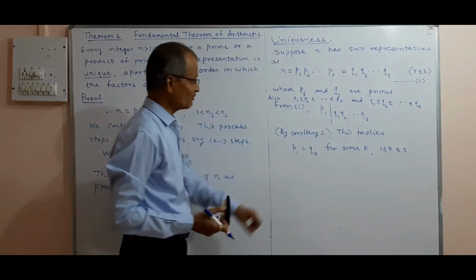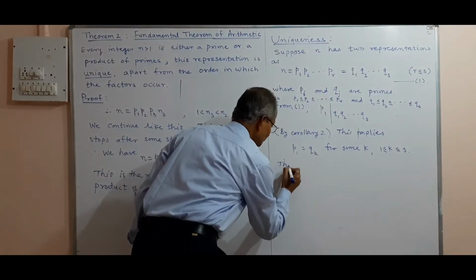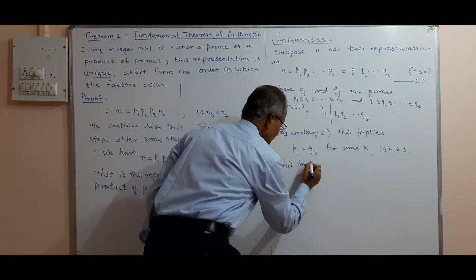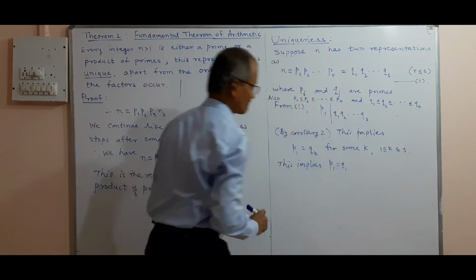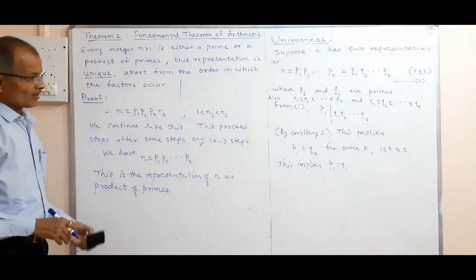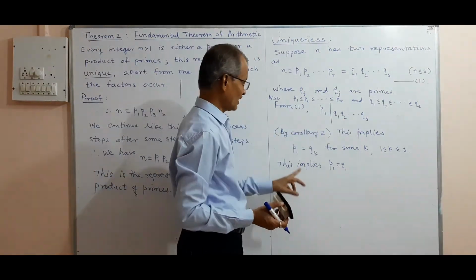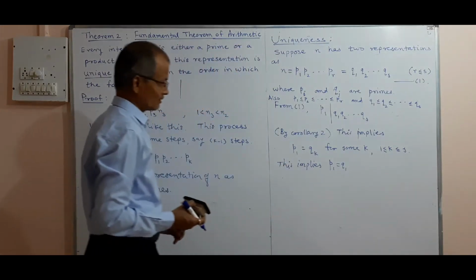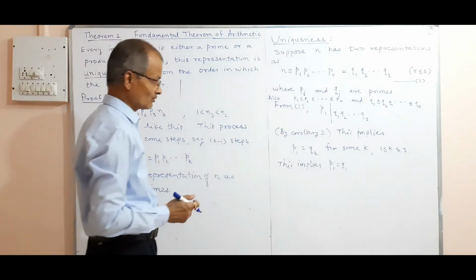Therefore p1 must be equal to q1. Because q1 is the smallest of these, and p1 divides q1, q2 etc., this implies p1 is equal to q1.